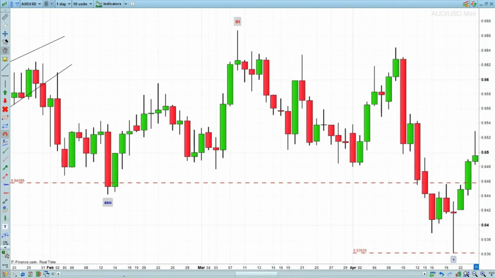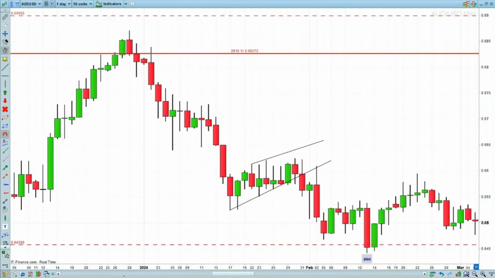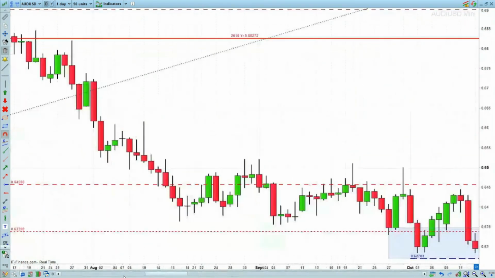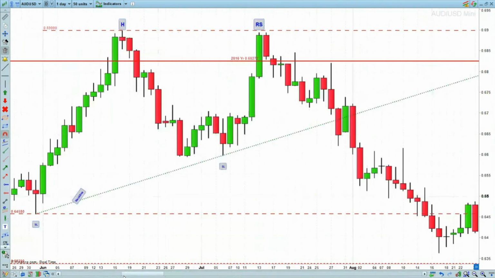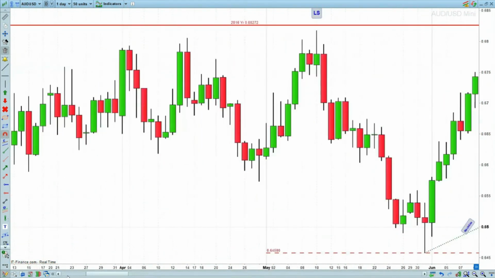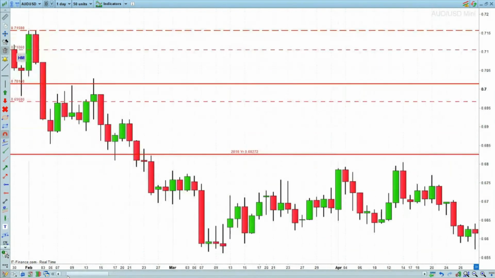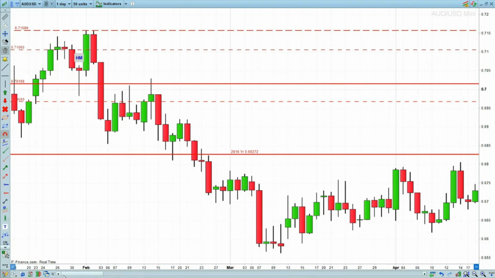Cool. The close of the third red candle must be below the midpoint of the first green candle.